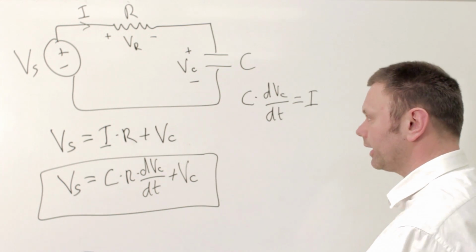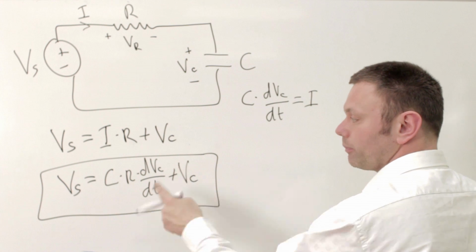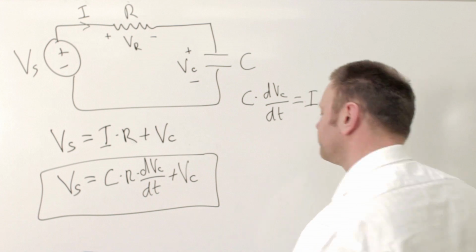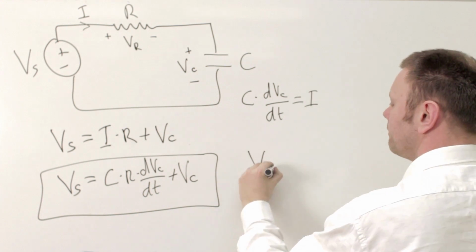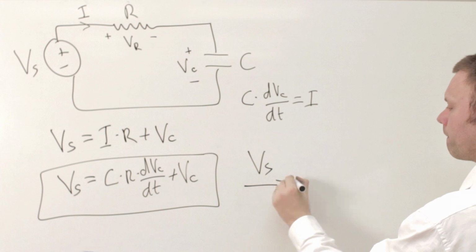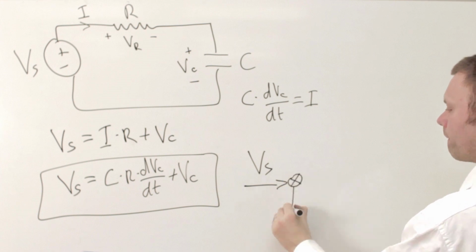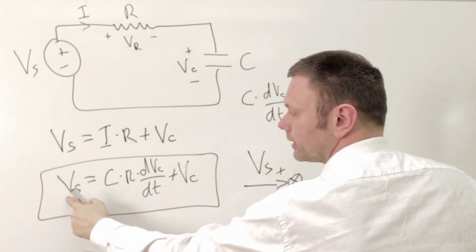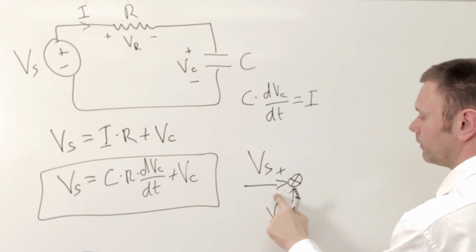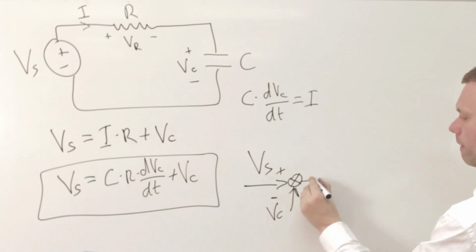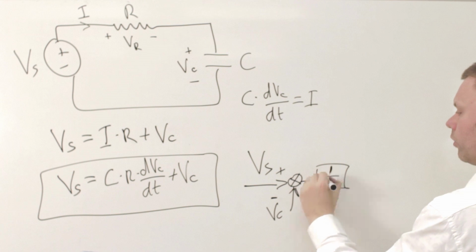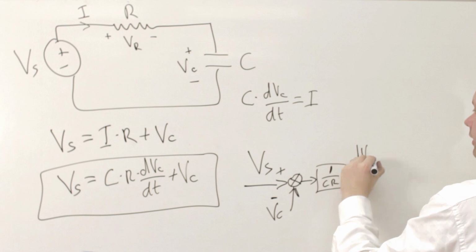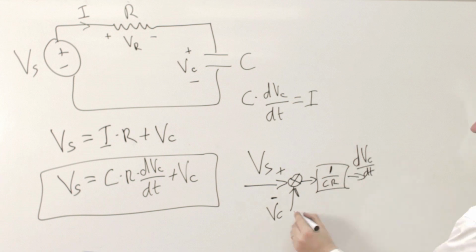And we can again, like in the case of the mechanical system, express this in a block diagram form. So what would this look like? So we have Vs there. We have Vc. If we put Vc to that side, it's Vs minus Vc. One over Cr, and we get dVc by dt.